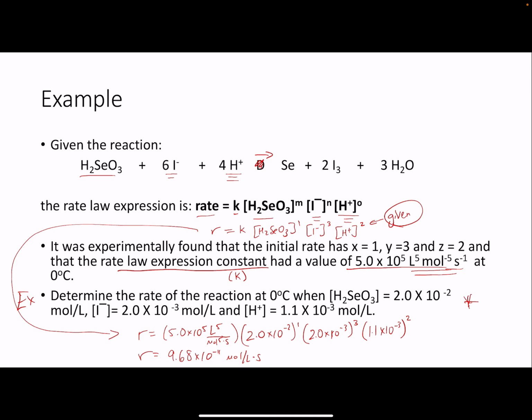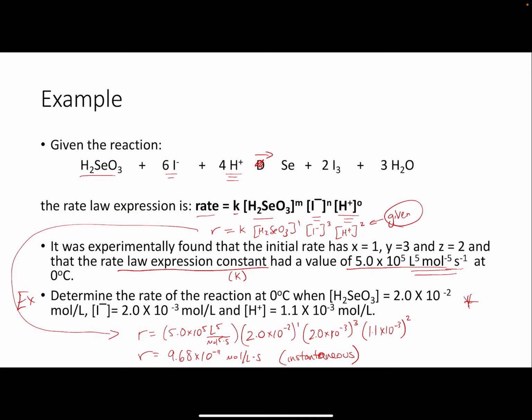Now, that's the correct answer, and you can follow the exponent laws to verify that. What we'll want to note is that this is the instantaneous rate, right? And why is that? Well, because as a reaction happens, the rate changes. As soon as that reaction happens, those concentrations decrease, and as the concentration decreases, the rate decreases as well.